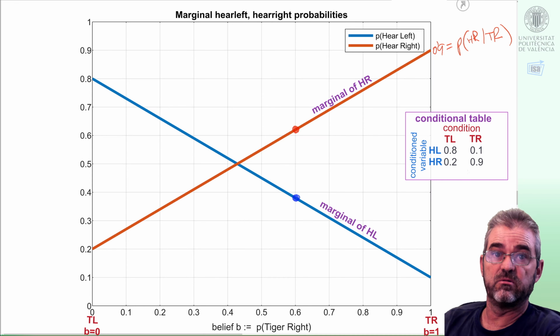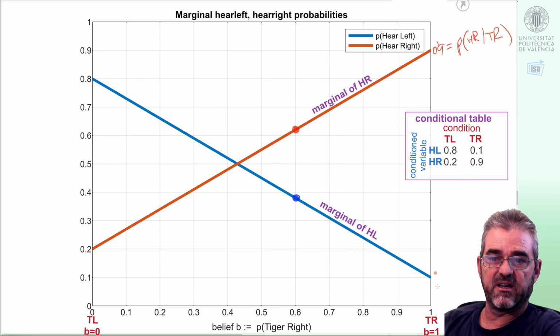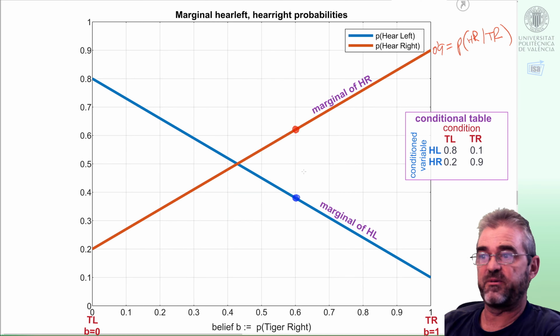If the condition holds, it is upgraded to a full probability. So this 0.9 will be the marginal when I am sure that the tiger is at the right cage. And of course, conditional and marginal in that case coincide, because the condition holds with probability 1 and the other condition holds with probability 0.